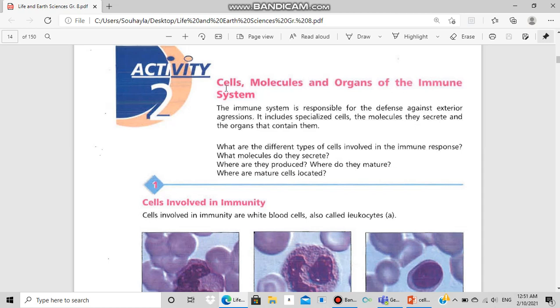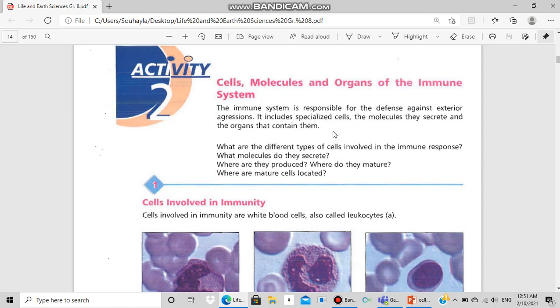We will get to know the cells of the immune system, the molecules of the immune system, and the organs of the immune system. As I explained before, the immune system is responsible for the defense, for fighting against exterior aggressions. What do I mean by exterior aggressions?